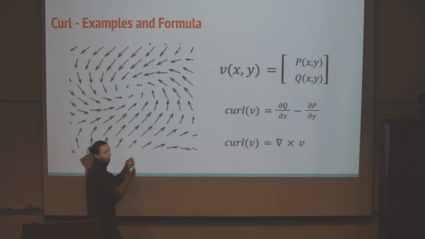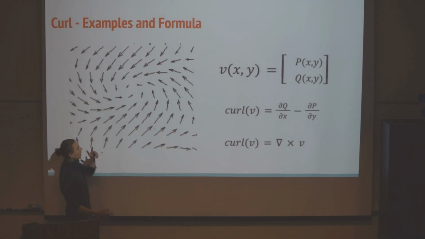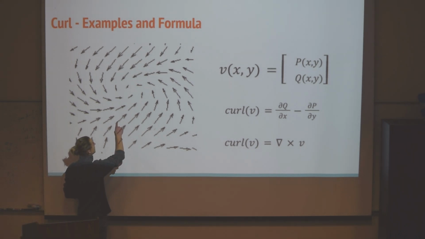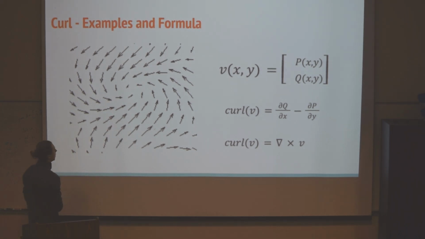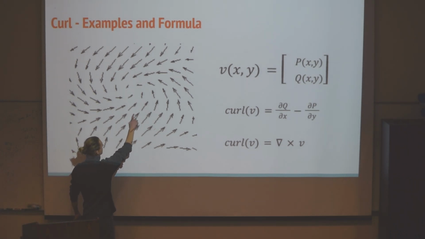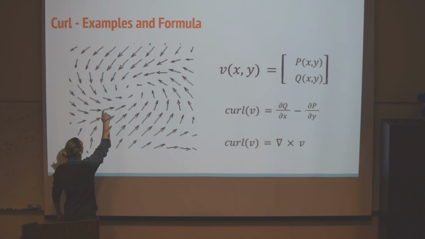in this case. Now, what happens if I move up and down in the y direction? What happens to my vector then? Let's say I start from here and I move up. If I move up and down, what happens to the x component of my vector? It starts off fairly large, and notice how it is getting smaller.